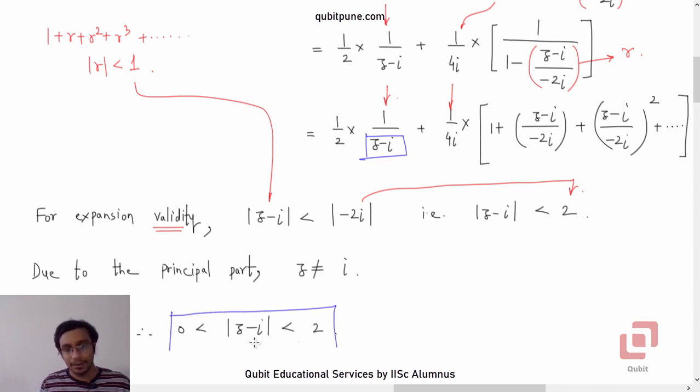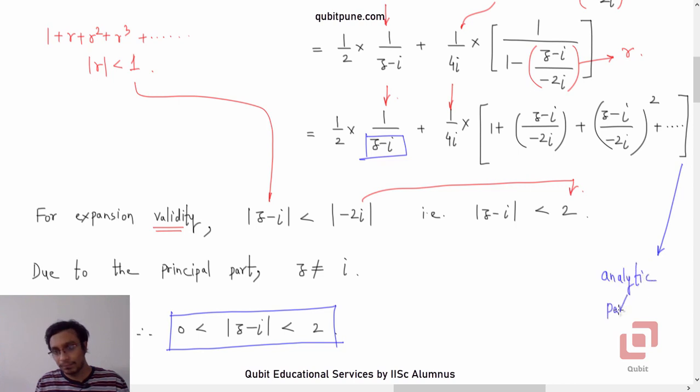Now, is it possible to identify the principal part and the analytic part? Yes, this is the analytic part. A naught is going to be 1 over 4i. A1 is going to be minus 8 into i squared, so 8 in the denominator, so 1 upon 8, and so on.